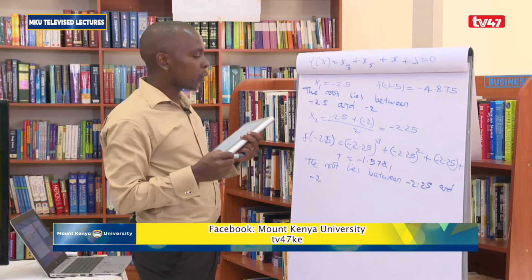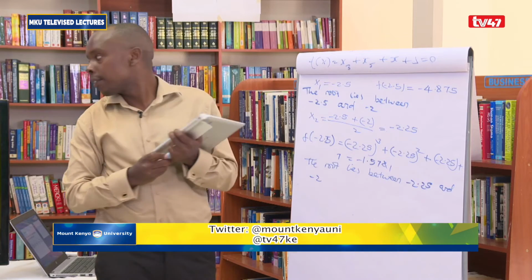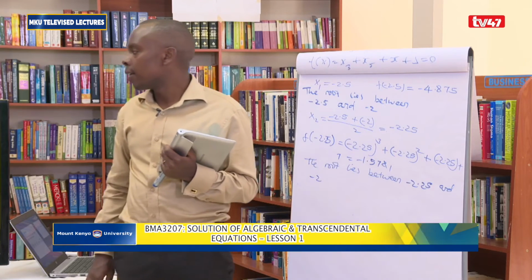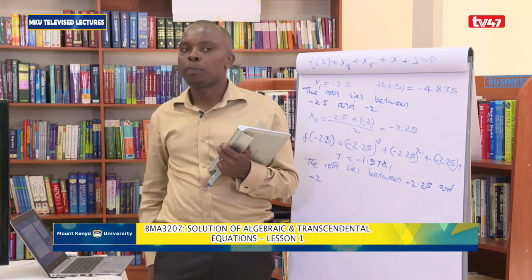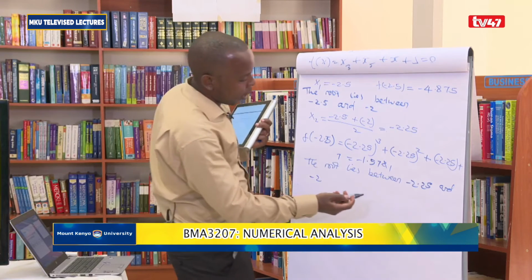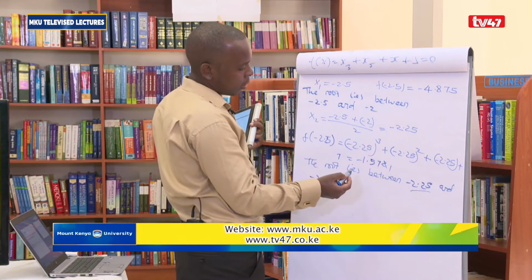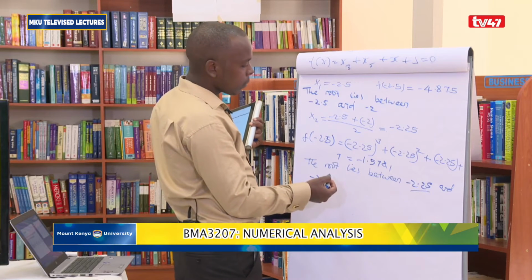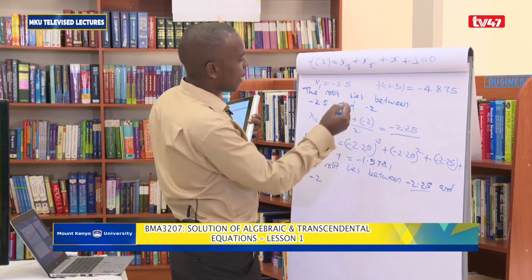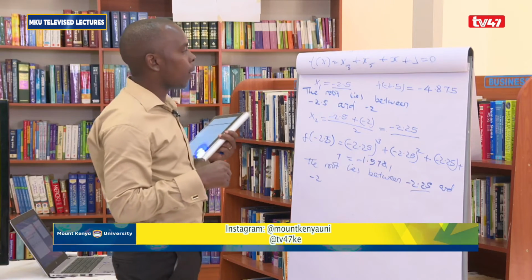So the iteration should continue, and as we can see from our question, we are supposed to find the root correct to 3 decimal places. So we shall observe our approximations. There's one that we obtain from here, and there's one that we obtain from our first guess.